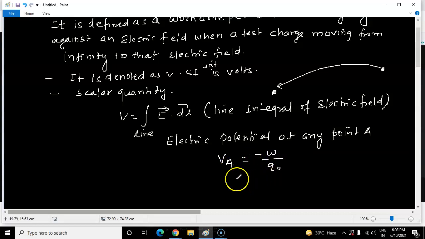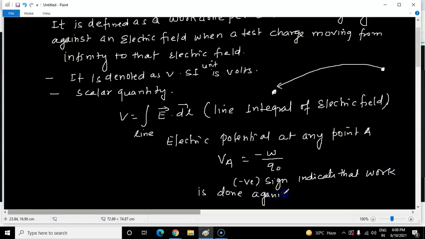This negative sign indicates that work is done against the electric field. Any doubt in this?